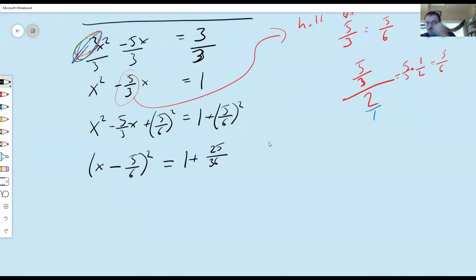All right. I need to simplify the right side, so I need to add 1 to 25/36. Since I only have one denominator on the right side, my lowest common denominator is 36. So 1 times 36/36 plus 25/36.